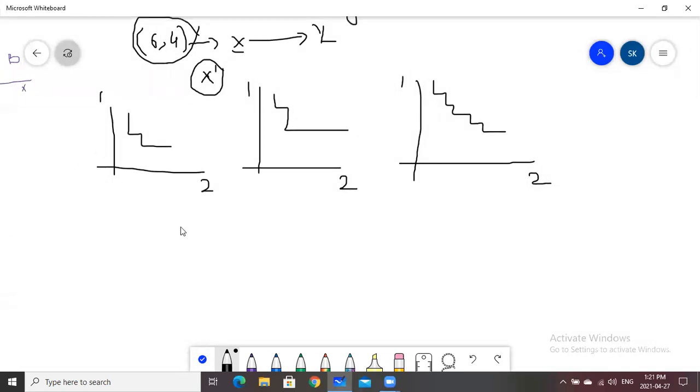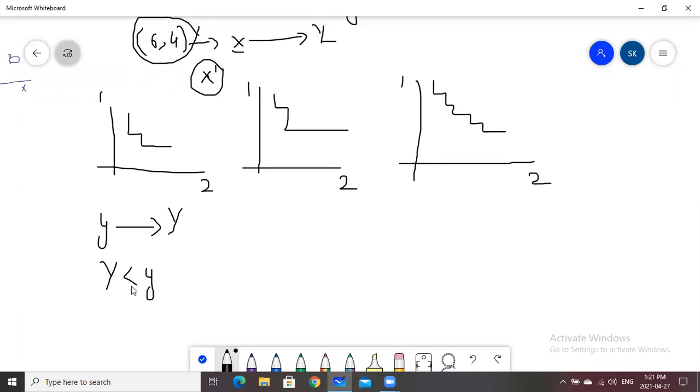Now in these figures we assume that small y lies in the capital Y. Capital Y is the level of output that is produced, and therefore capital Y is smaller than small y. Now these are the production functions, okay.